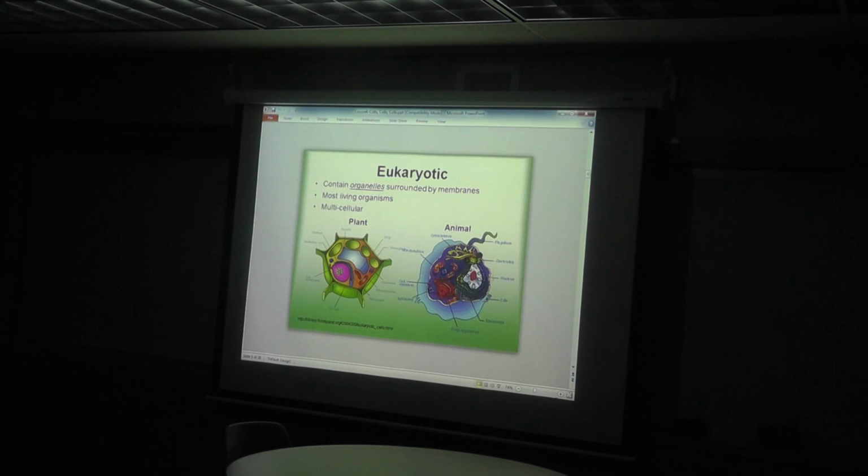The important thing to note here is that every cell has a cell wall or a cell membrane, and inside the cell there is something called a nucleus, and the nucleus contains all the chromosomes, which are really the basic units, physically the things which are responsible for the traits and characters and genes.